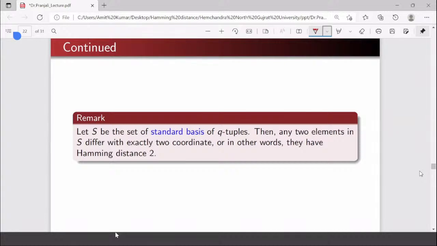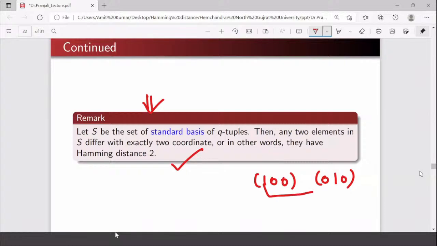And I will be using this simple remark. Consider the set S of standard bases of Q tuples. Then any two elements in S differ in exactly 2 coordinates, or I would say that they are at Hamming distance 2. Just look at here.